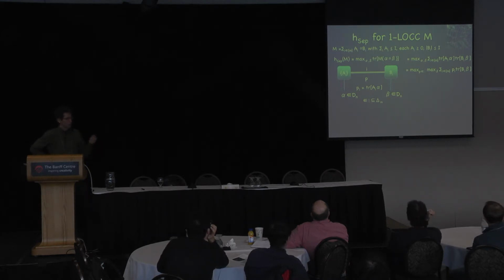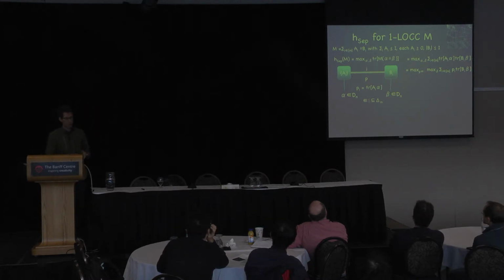It's the probability that she gets outcome i. And we'll call the set of all possible P's S. Then instead of maximizing over alpha, we can just maximize over P, because alpha just shows up once. The only point of alpha is that you put it in, and then Alice gets some distribution over measurement outcomes.